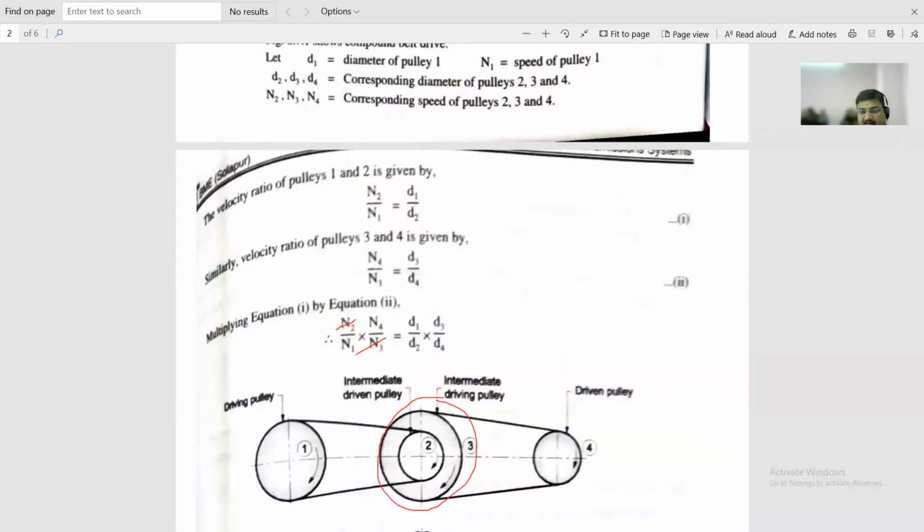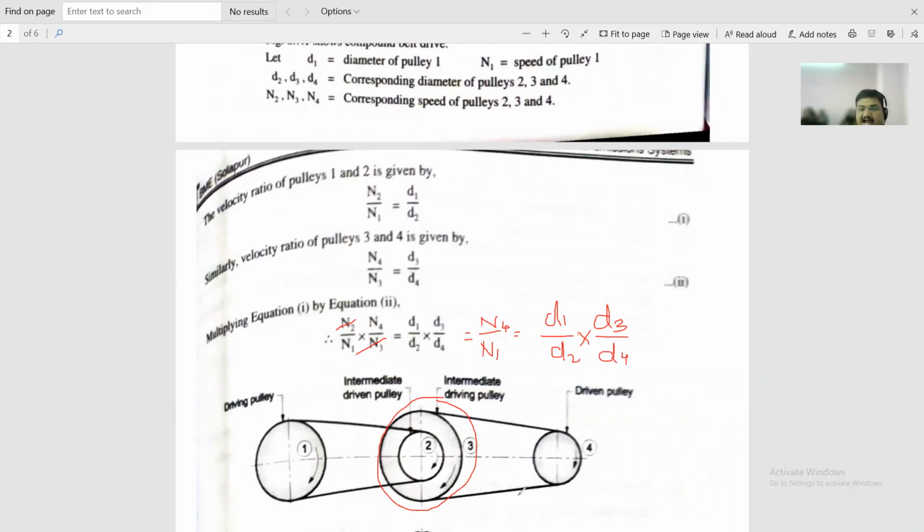Now the remaining equation will be N4, meaning final RPM of the final driven, divided by RPM of the initial driver, is equal to D1 by D2 multiplied by D3, multiplied by D4, sorry, divided by D4 and so on.